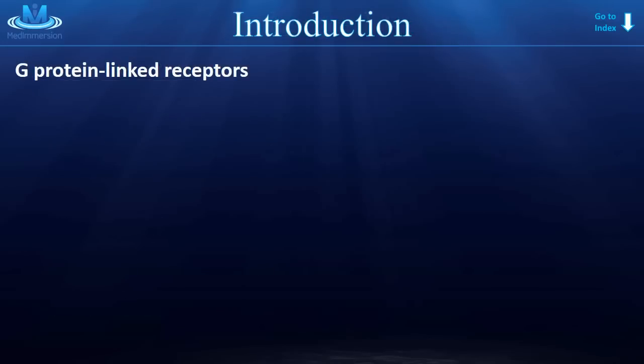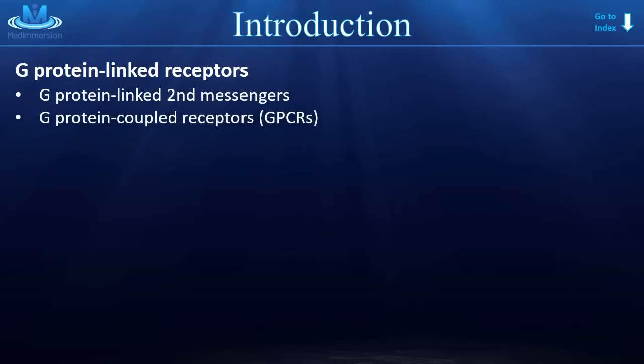So I'm sure that you've talked about the G protein linked receptors in school. However, you might not have called them that. They go by other names like G protein linked second messengers or G protein coupled receptors. That's a pretty common one. Even conversationally, a lot of people just say the G proteins.